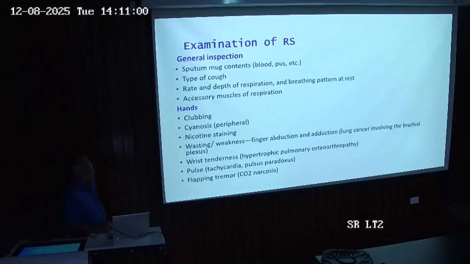Tenderness of the wrist: so, it is an advanced form of clubbing, that is stage 4, or sometimes it is classified as stage 5, hypertrophic pulmonary osteoarthropathy, in which clubbing is the distal form. If the wrist gets involved with a synovial thickening, it is hypertrophic pulmonary osteoarthropathy, which is a manifestation of underlying carcinoma of the lung. Pulse: most infections can give rise to tachycardia. Tremors: CO2 narcosis. Because of CO2 retention, this can lead to flapping tremor or asterixis.